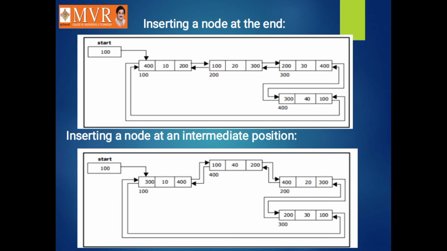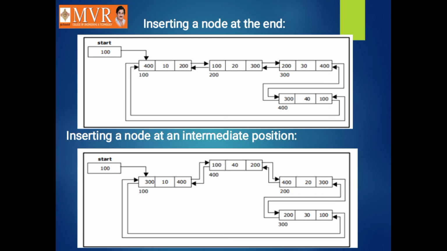these figures demonstrate the insertion of a node at the end of a linked list, that is as the last node. Here we will take a new node from the memory bank and place it at the last position, and after placing it, we establish a link between the last node and the first node to maintain the circle or chain. Next, the last one is inserting a node at any intermediate position.